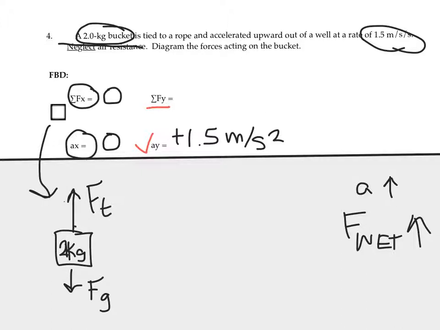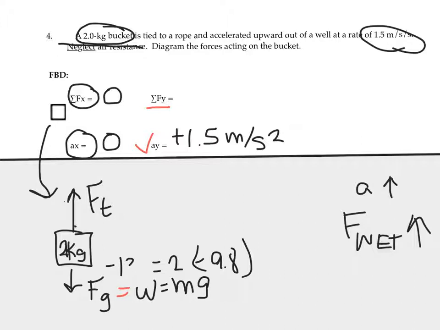Okay, what can we figure out first? Well, if we have the mass, we can figure out the weight, because the force of gravity is equal to the weight, and weight is equal to mass times gravity. Mass is 2 kilograms. Gravity is negative 9.8. When we multiply those together, we get about negative 19.6 newtons.